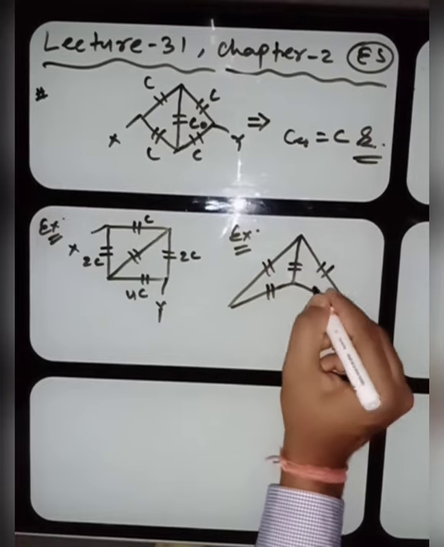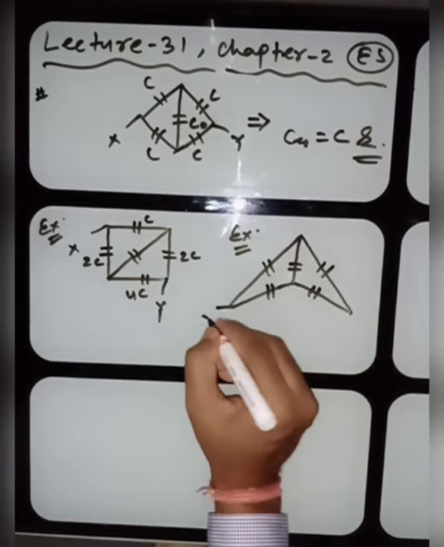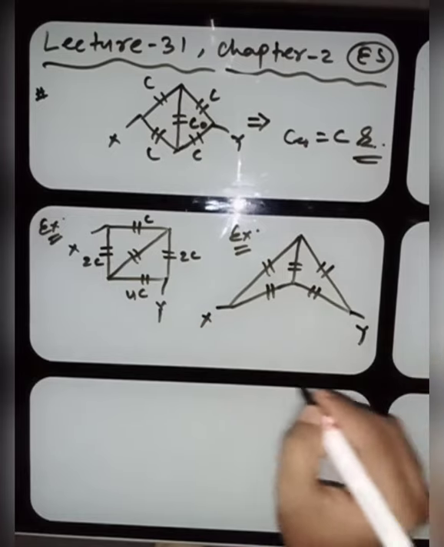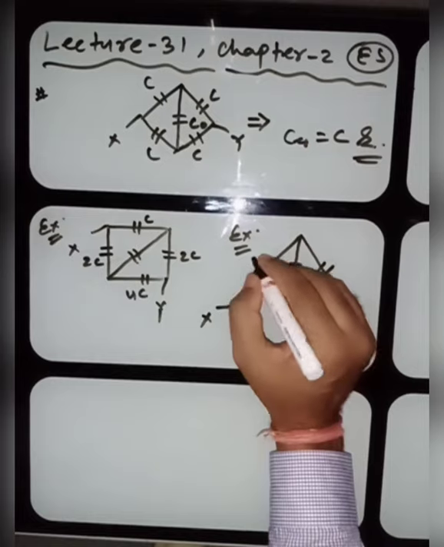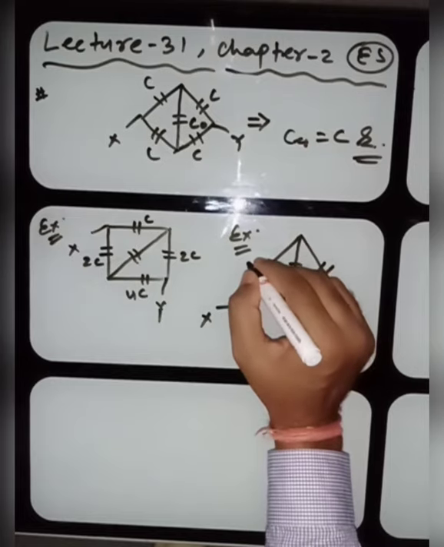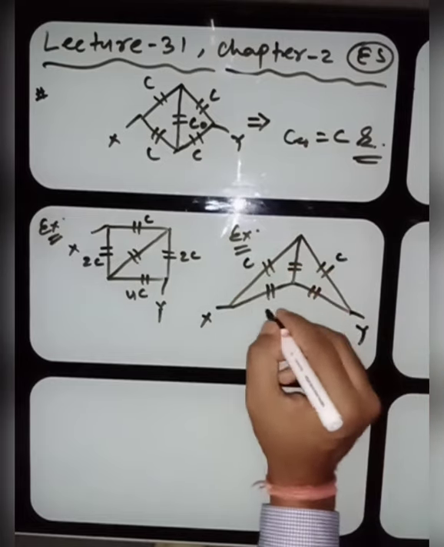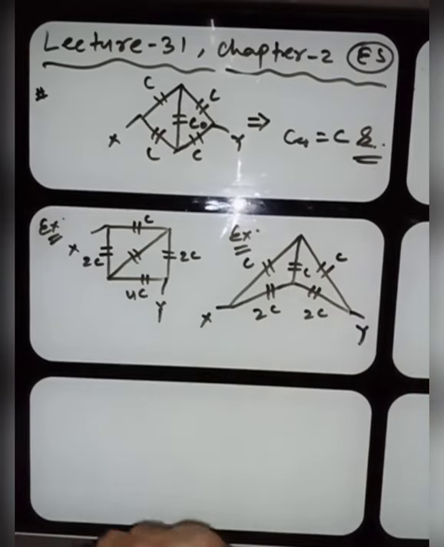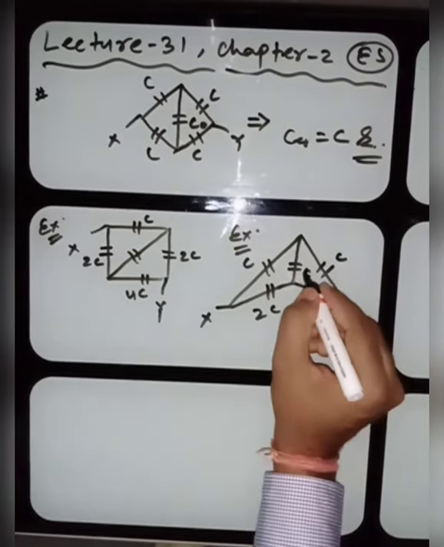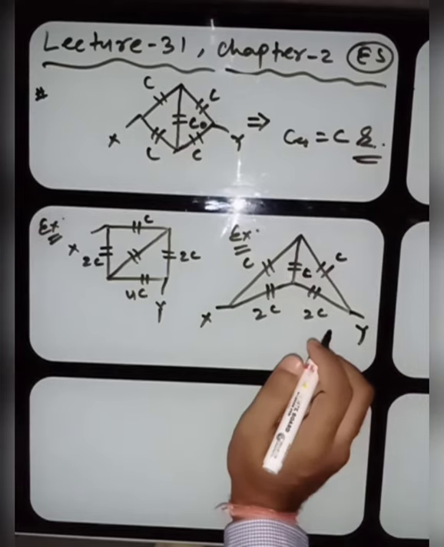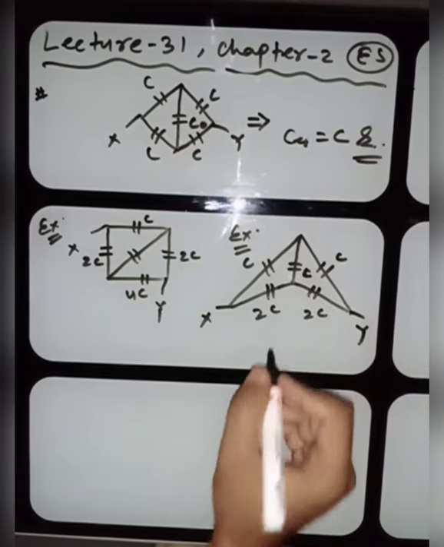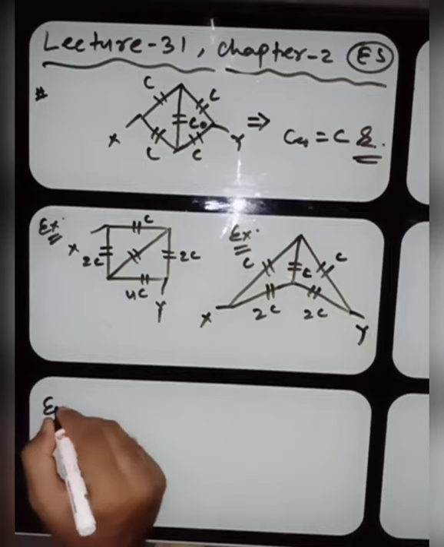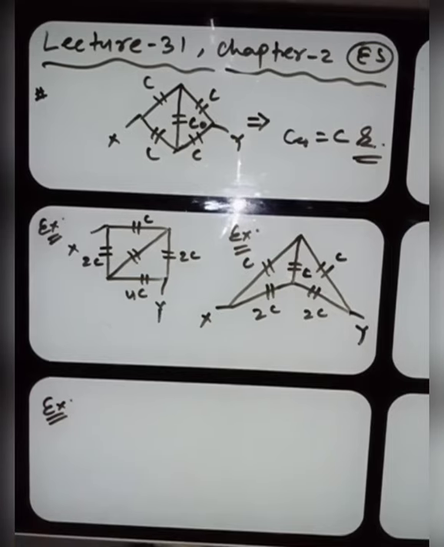This one. The terminals X and Y. Suppose it is C, C, 2C, 2C, C. Whether this is a balanced Wheatstone bridge? If yes, then what will be the final structure of this balanced Wheatstone bridge? Another one.